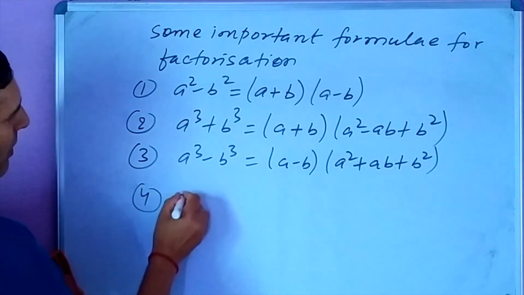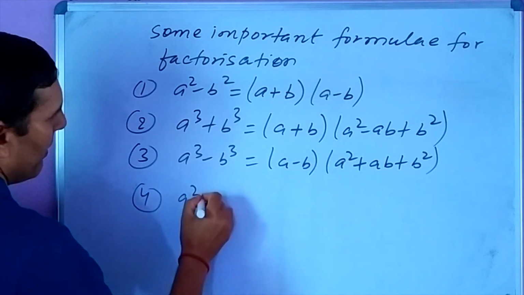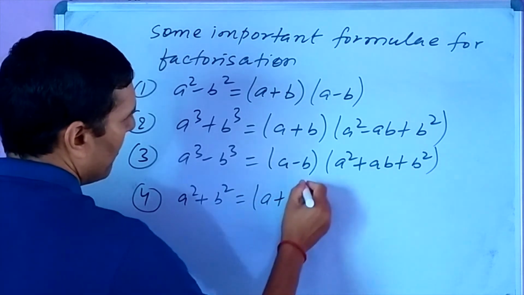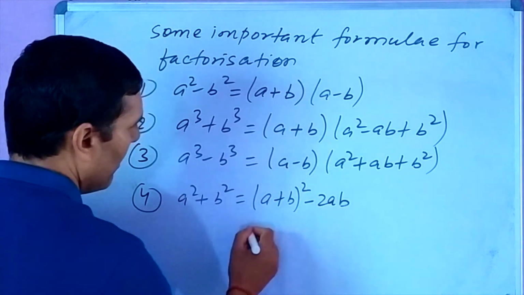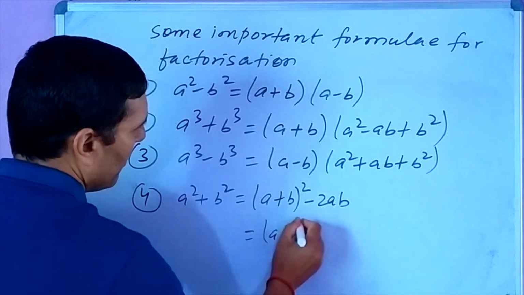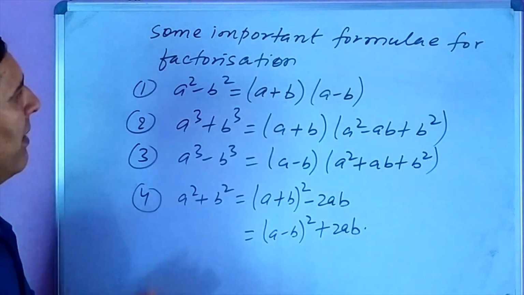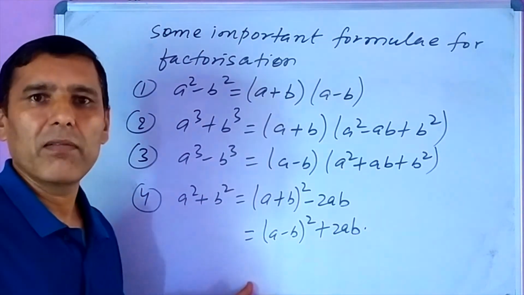And sometimes this formula is also very useful for factorization. A square plus b square can be written as a plus b whole square minus 2ab, or it can be written as a minus b whole square plus 2ab also. So this formula will be very useful for us to factorize the given algebraic expressions.